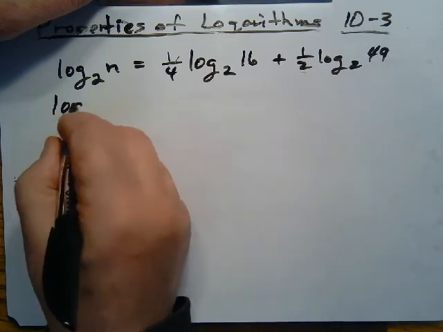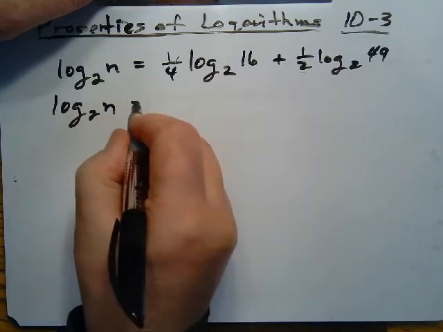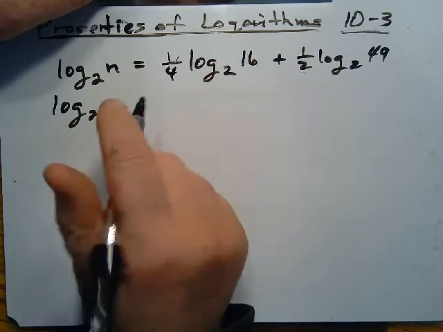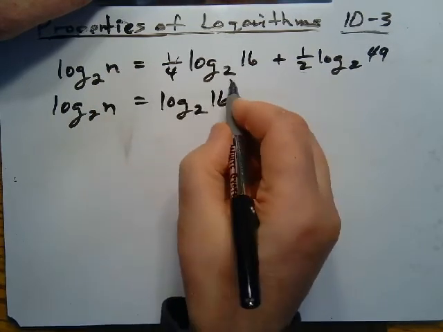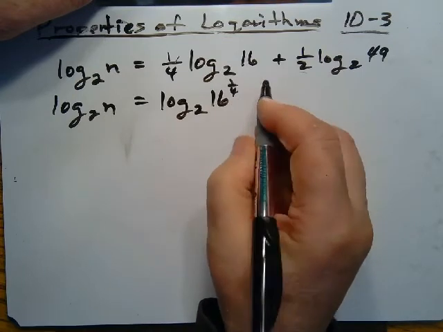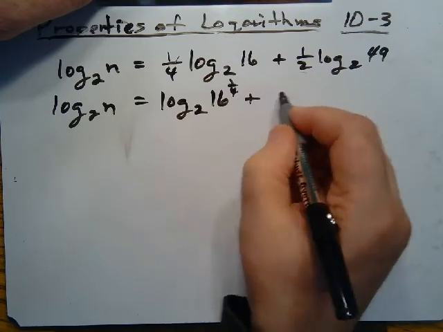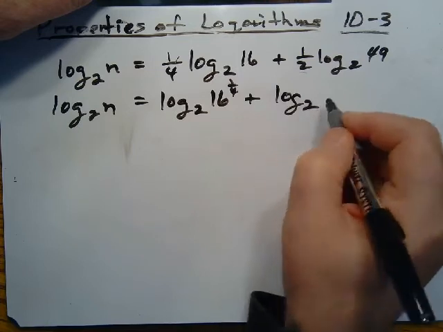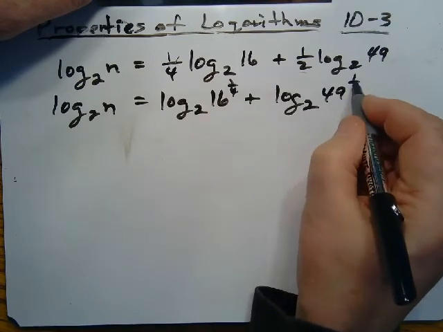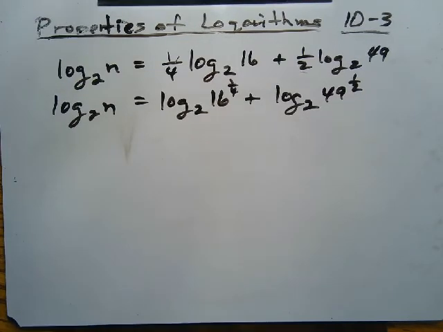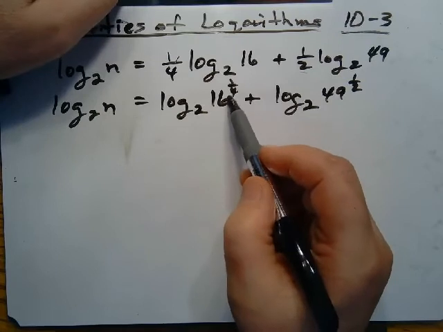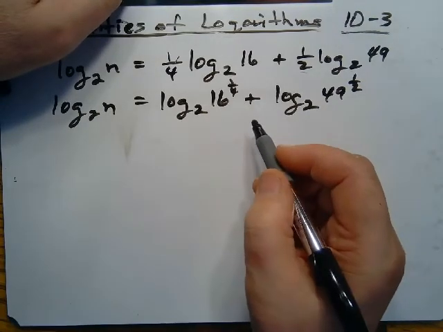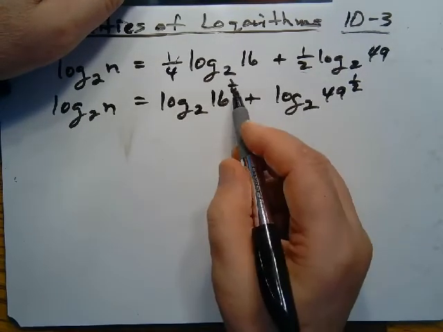Let's see what we've got here. Log base 2 of 16 to the 1/4 power plus log base 2 of 49 to the 1/2 power. Now we could continue to write the next step here, but I realize that the 1/4 power of 16 is 2, the 4th root of 16.